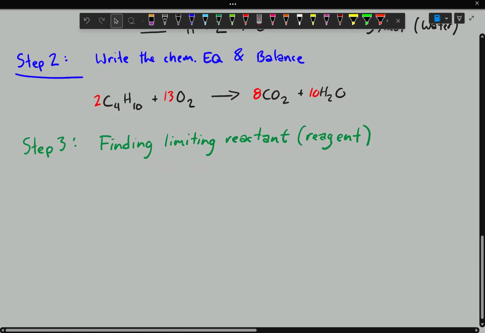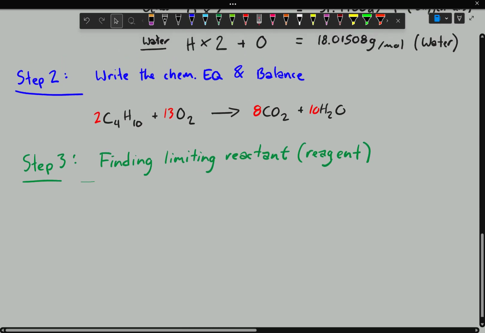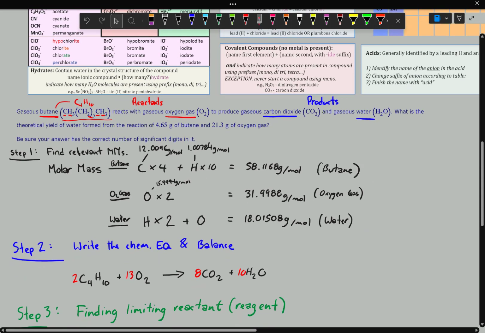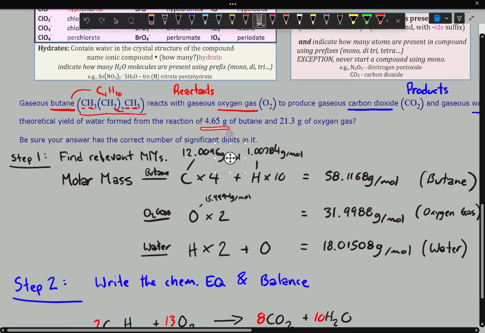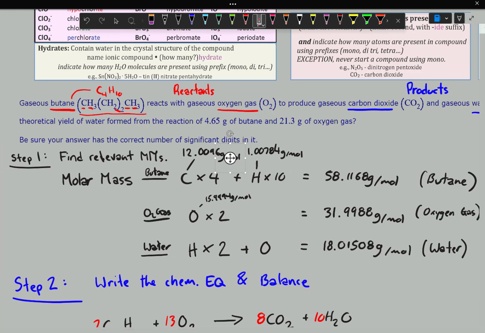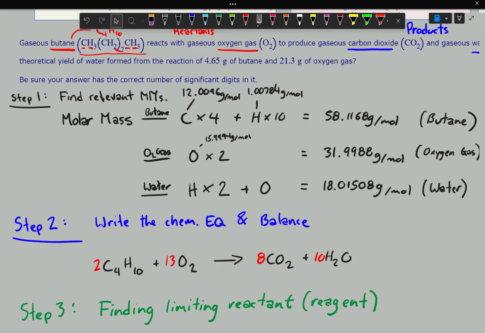And so what this means is that when we have 4.65 grams of butane and 21.3 grams of oxygen, one of those is going to get used up first. And whichever one gets used up first is going to determine how much of the products you will form.